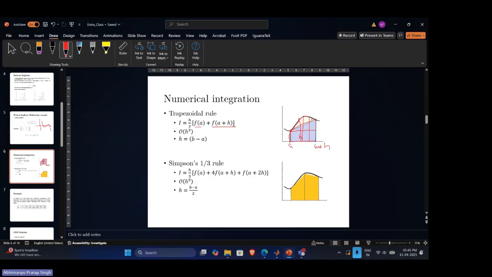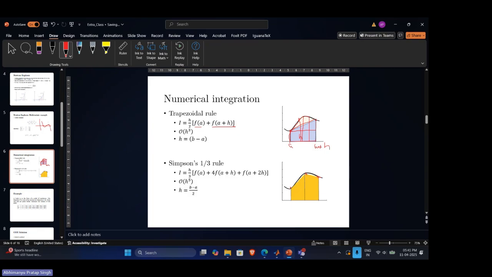Right. Then there is Simpson's 1/3 rule. And then there is also a 3/8 rule, which I'm not going through in this one. Yeah, so in the 1/3 rule, we basically take 1 point in between the two given points.